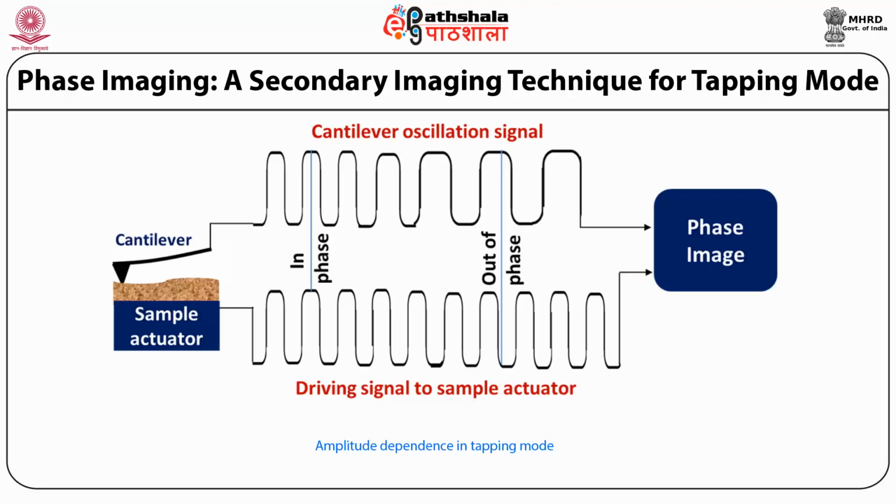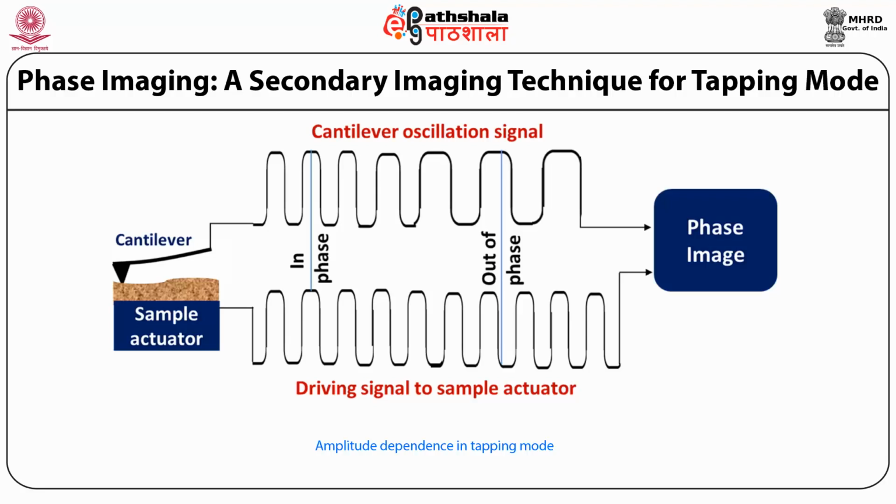In tapping mode AFM, the cantilever is excited into resonance oscillation with a piezoelectric driver. As the sharp probe is brought into proximity with the specimen surface, it oscillates vertically near its mechanical resonance frequency.